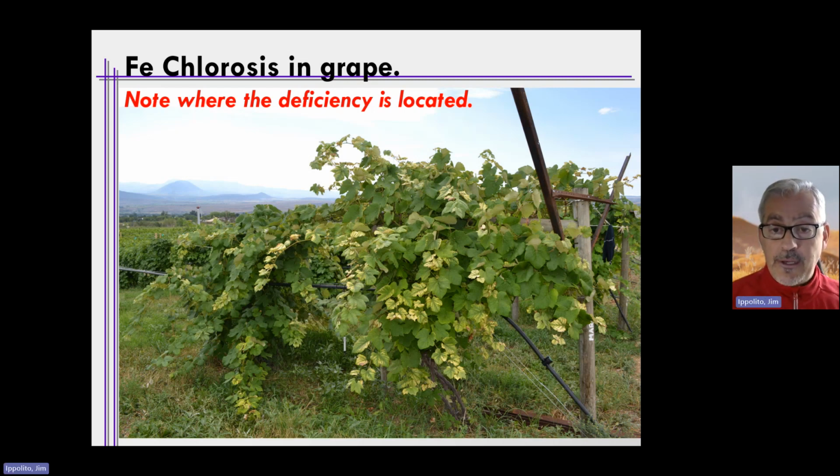So how do you determine the difference between a macronutrient and a micronutrient? Sometimes, and more often than not, they manifest themselves in different portions of the plant. These are not all over the plant, and it's either in the older leaves or the newer leaves. And in this case for iron, it's always in the newer leaves.